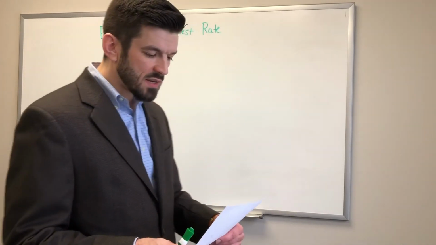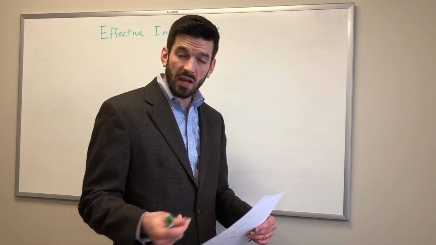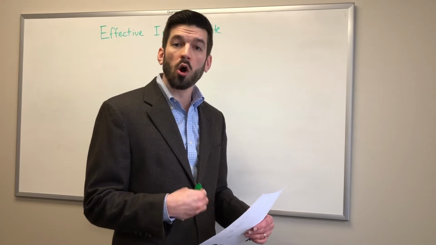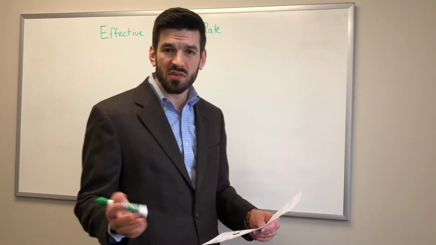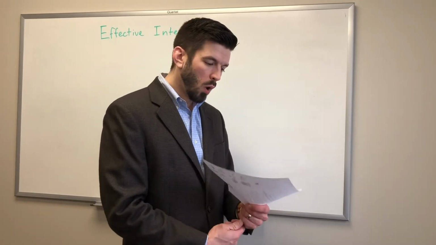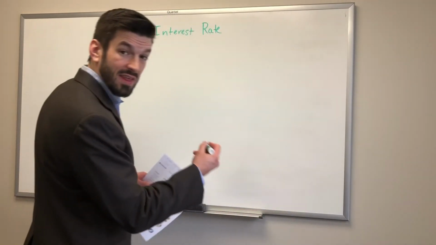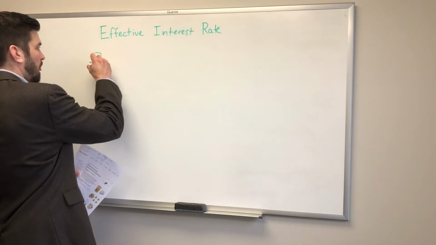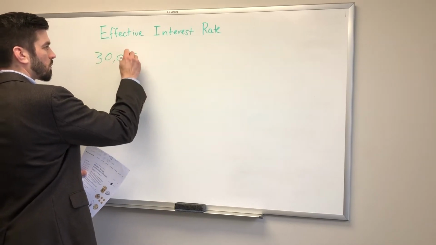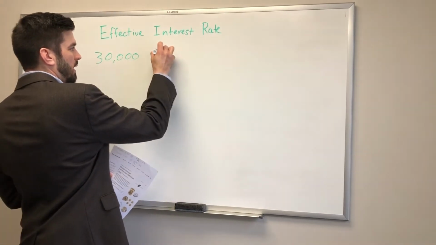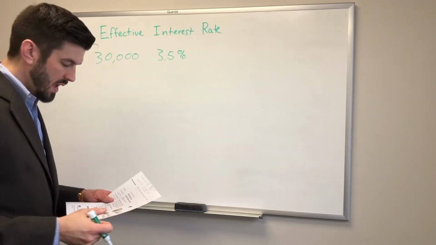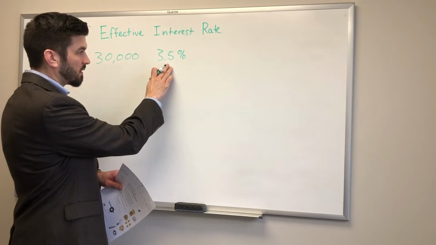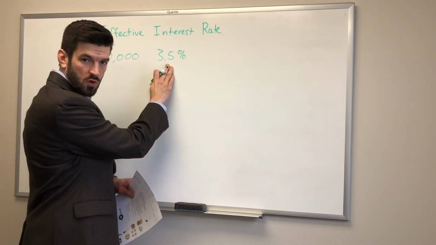So what I did is I went on Google and I simply typed in car payment calculator. And that allowed me to put in some basic information. So what I looked at is $30,000 for a vehicle, and the rate is 3.5%. Now that is advertised as an interest rate.